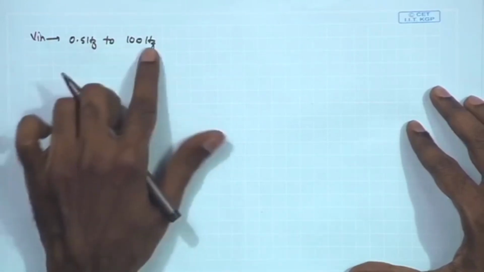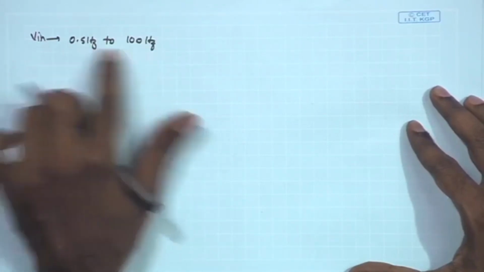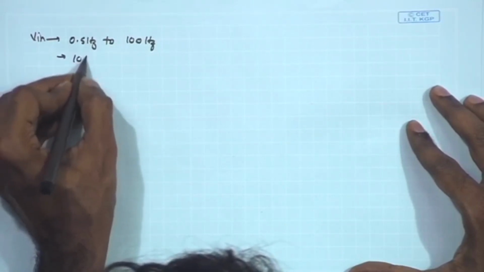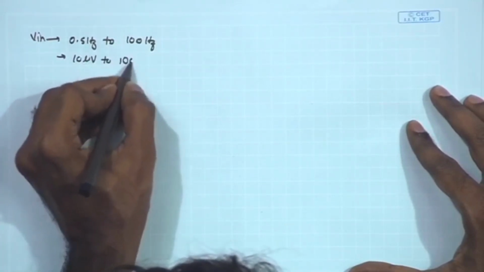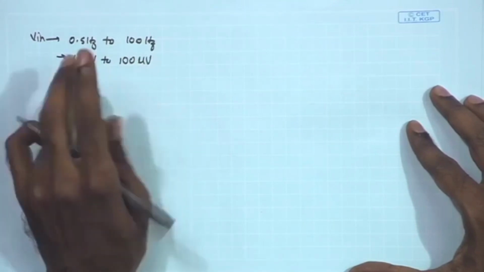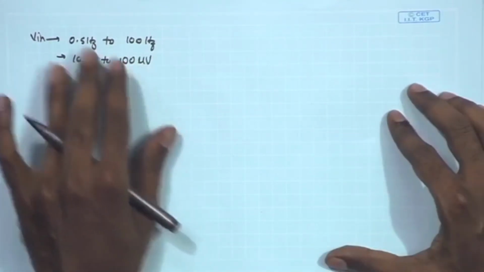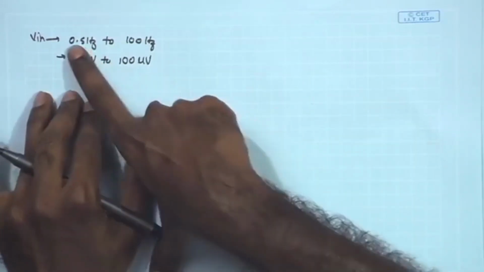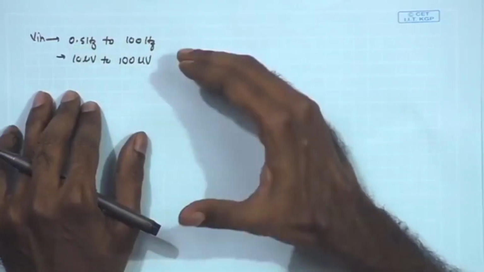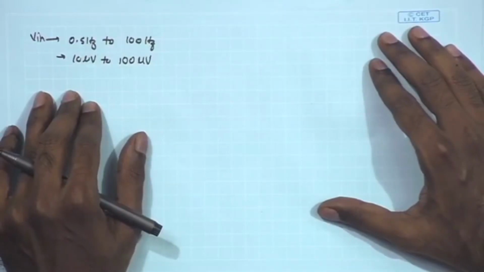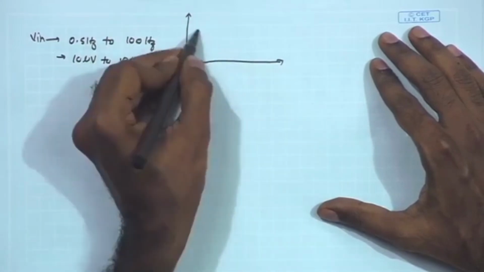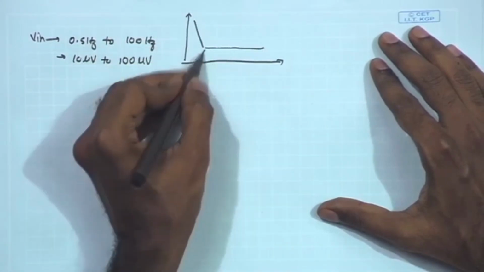And in order to save this signal, which has very small magnitudes, 10 microvolt to say 100 microvolt, from corruption by noise, we discussed the concept of chopping, and we considered shifting this signal to a high frequency with the help of a chopper. And we discussed the concept of 1/f noise and how chopping can help us in mitigating the 1/f noise effect.